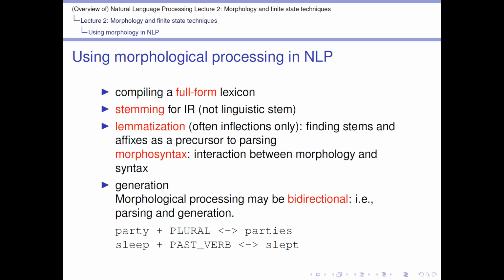So for IR, what happens is the variants of a word are all trimmed back to some canonical form. That canonical form doesn't necessarily have to have anything to do with the word. It could be a number, right? So I could represent everything that has something to do with cats as a number 53. That would be the canonical form for cat.